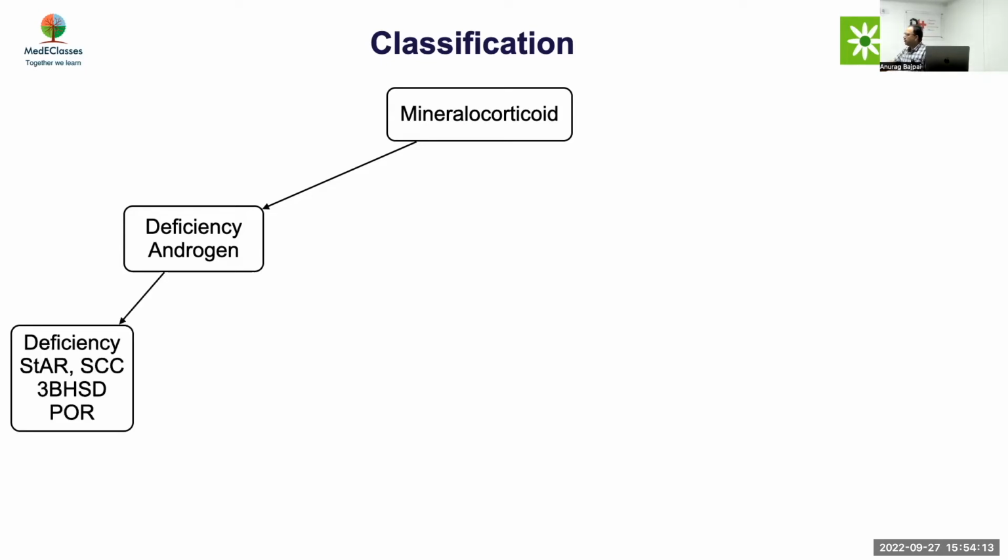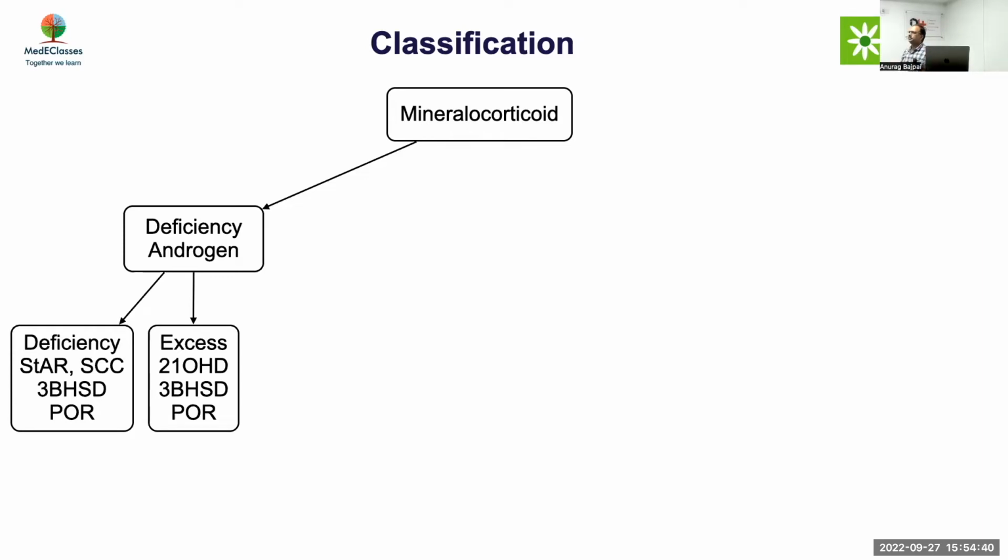If you have androgen deficiency, it is very early: StAR, side chain cleavage, 3-beta HSD, POR. Now, if your androgen levels are high, what are you looking at? Maybe we can have transient salt wasting, and 3-beta HSD and POR will also come in there because they will have milder forms. So excess will also be 3-beta HSD and POR, but 21-hydroxylase will be the major one.